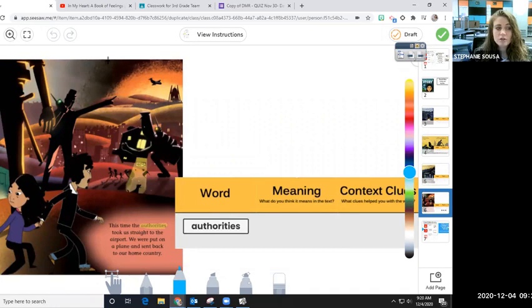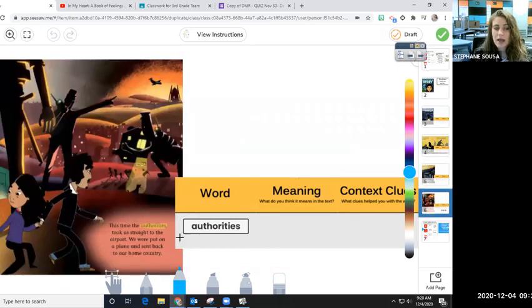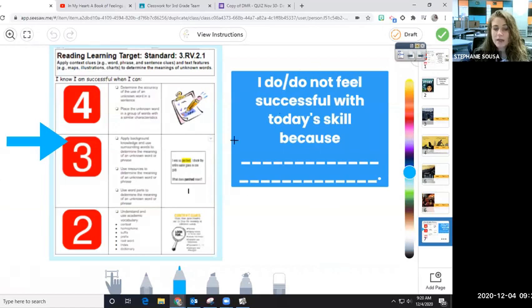So after you understand Rachel's story, you're going to come back in and use the context or the information to help you with what these words mean. As always, you should reflect on your success criteria using vocabulary from our success criteria and using a goal that you had inside of your context clues standard, okay?